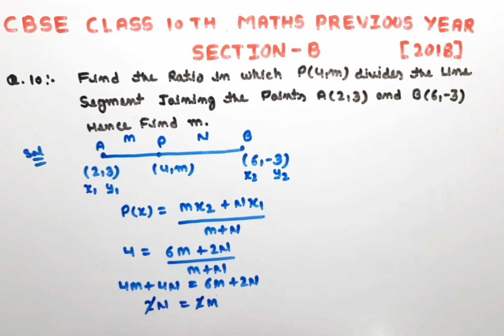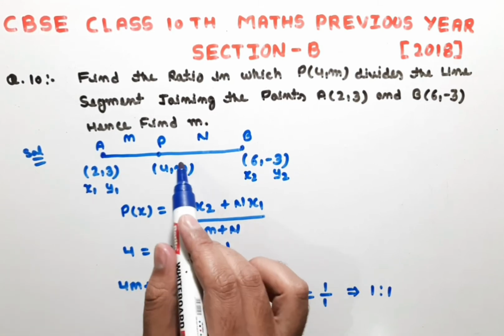So this will be cancelled out. So from here m ratio n will be 1 upon 1. So point P divides line segment AB in ratio 1 to 1. So our m is 1 and n is also 1.